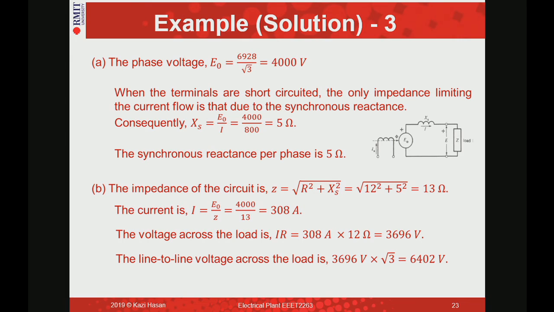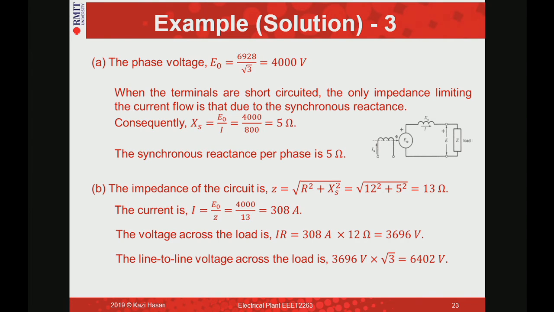That's 1,540. So 4000 minus 1,540 will be 2,600.